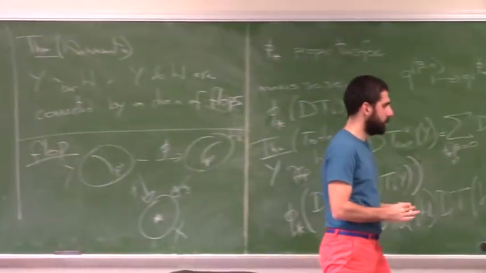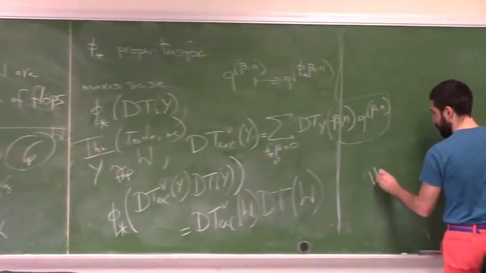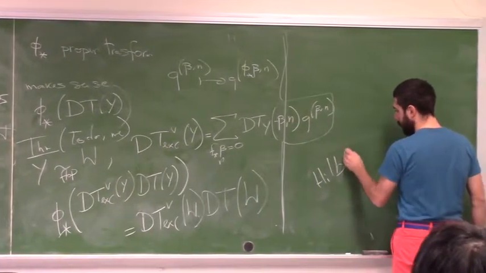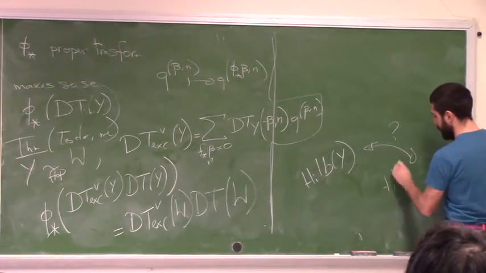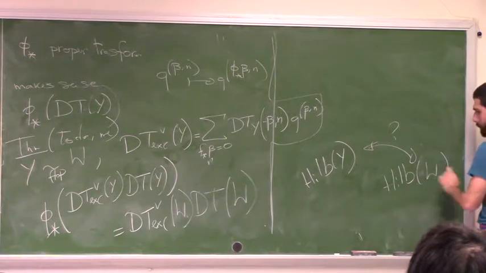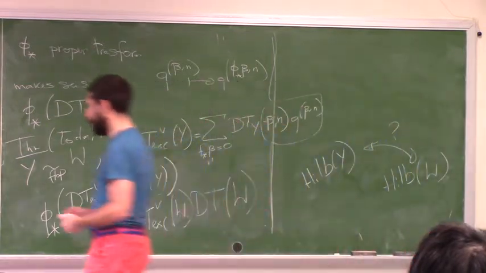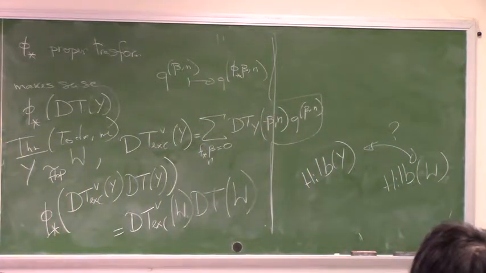So the goal here would be to relate the Hilbert scheme on Y, to find some kind of relationship with the Hilbert scheme on W. But it's not very clear how you do it, and this is where the derived category comes to the rescue.